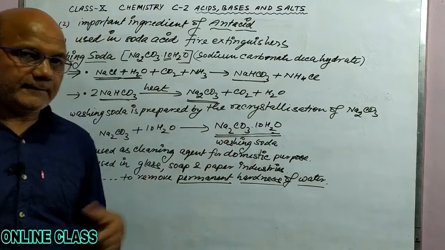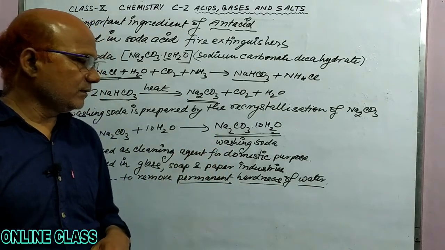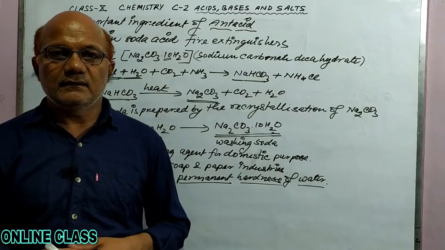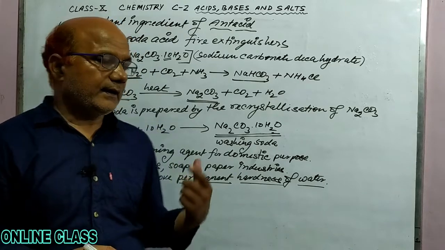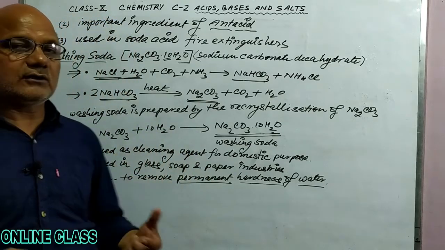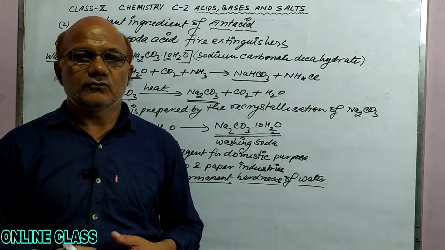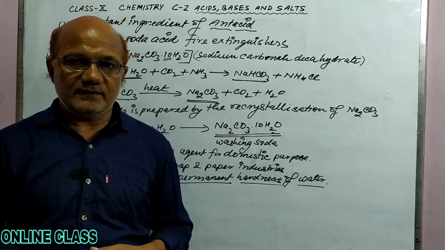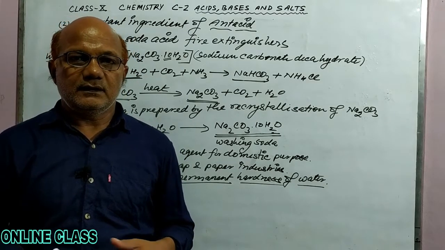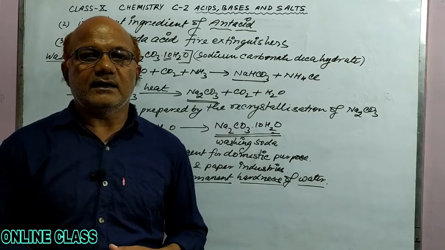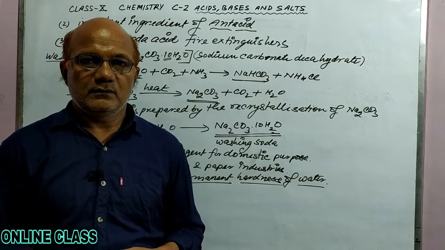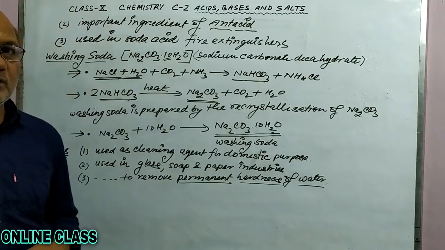As you can see, it is used as cleaning agent in household, and it is also used in glass, soap and paper industries. It is also used in removing permanent hardness of water. Now take a screenshot of it.